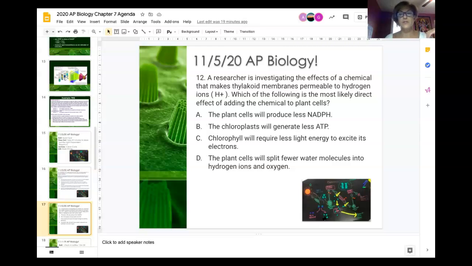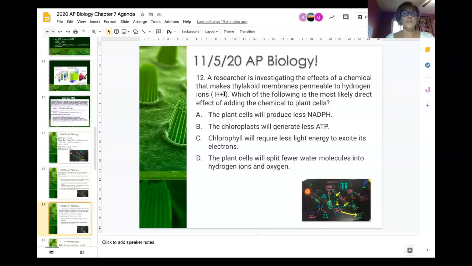So after I split water, hydrogen was building up that concentration gradient in order to diffuse through and make ATP. So the thylakoid normally isn't going to let hydrogen diffuse in and out, right? It needed a pump and it needed a transport protein.